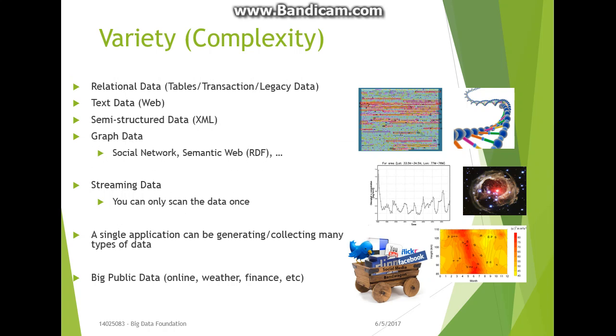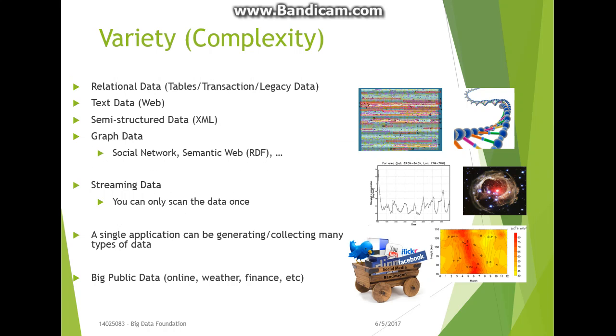The next characteristic is variety. There are now many types of data: relational data such as tables, transactions, and legacy data, text data, web data, semi-structured data such as XML, graph data, and streaming data.